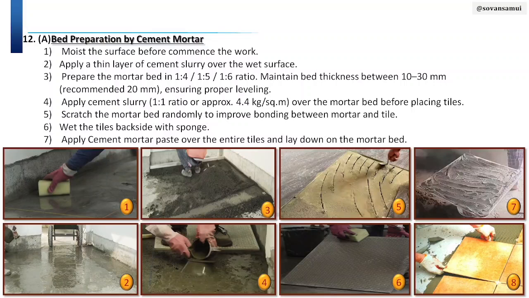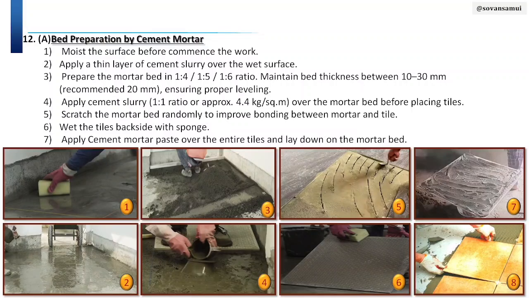And after applying cement slurry, we prepare a mortar bed. You can see in image number 3, the ratio should be 1 is to 4, 1 is to 5 or 1 is to 6 according to your requirement, and the bed should be according to your BOQ or requirement. But generally it is recommended 20 mm thickness.